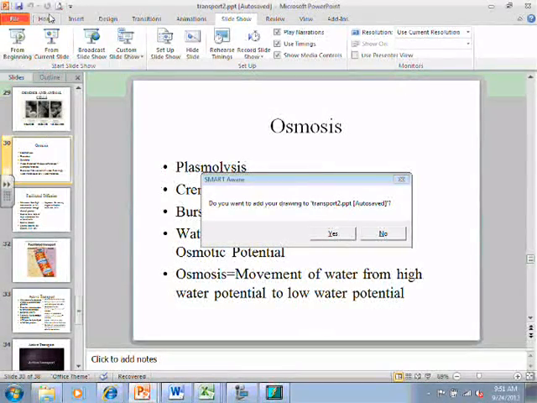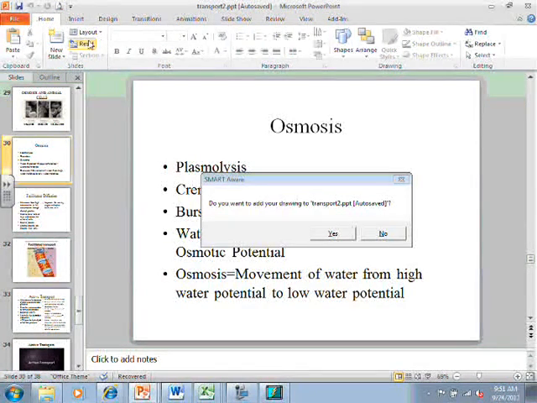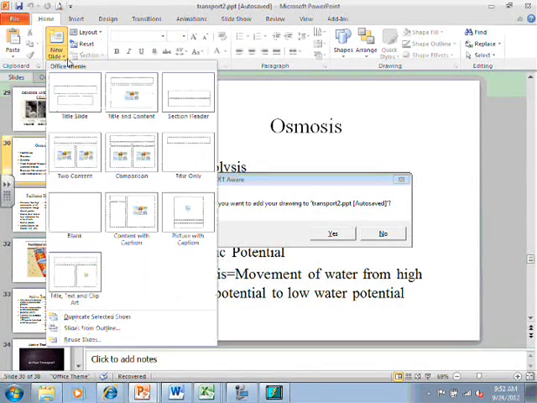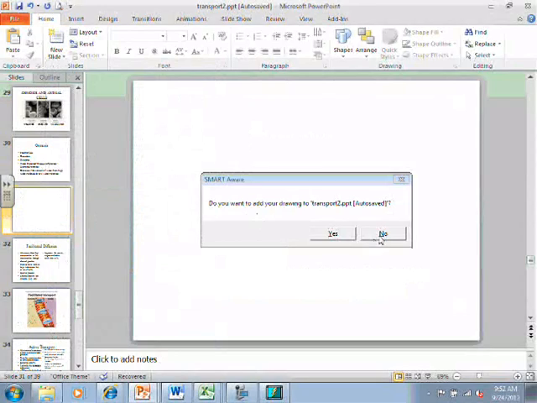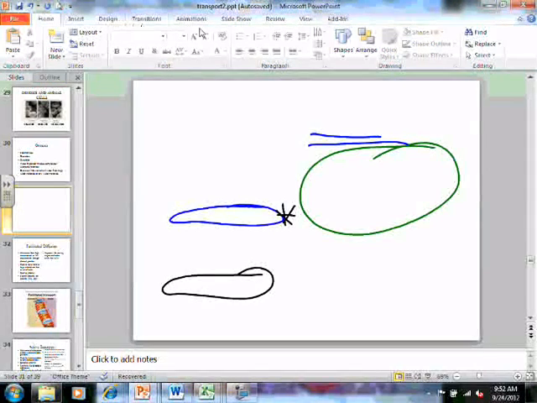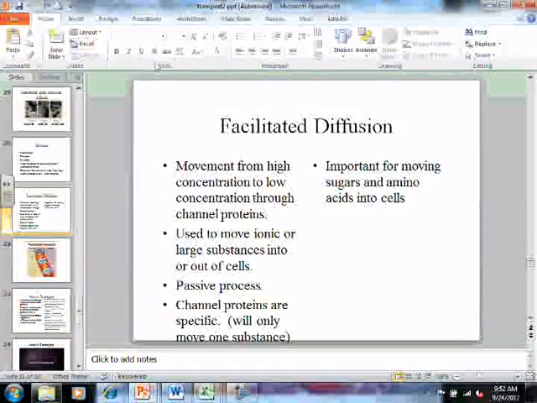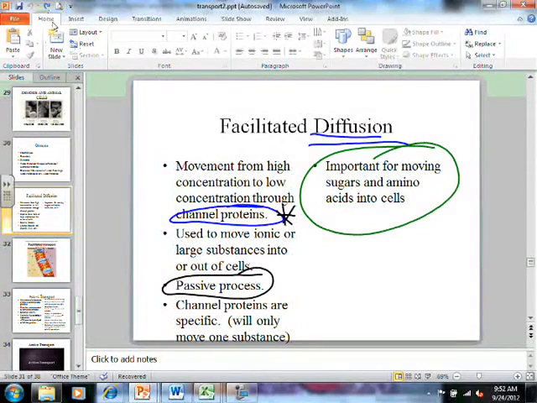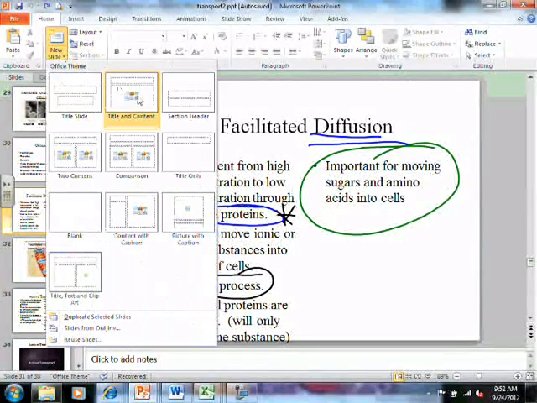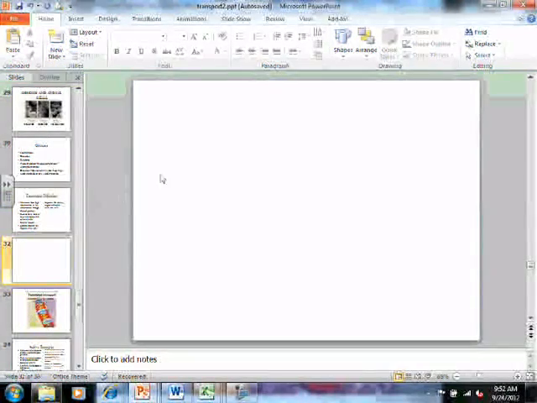I'm going to put in a blank slide. All right, so let's put our equation up here first, just so we got that on our mind.